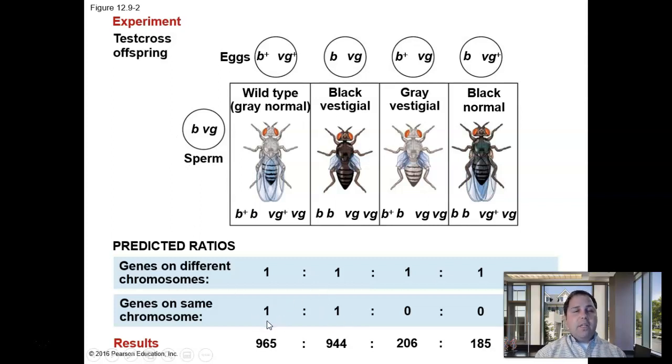But the results that you get from this kind of experiment are 965 to 944. Okay, so those are basically 1-to-1. But then you've got 206 and 185, which doesn't fit either of these two predicted ratios. So we don't see them being fully on the same chromosome. We don't see them being fully independently assorted, and so this begs the question, like, what is going on here?